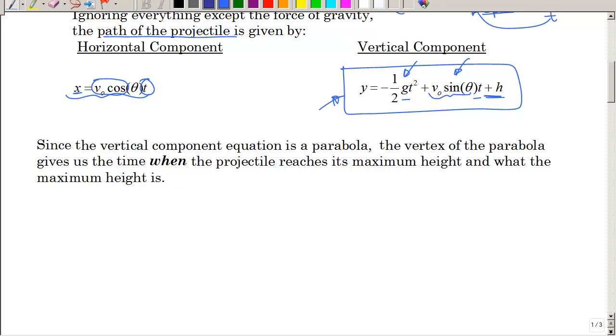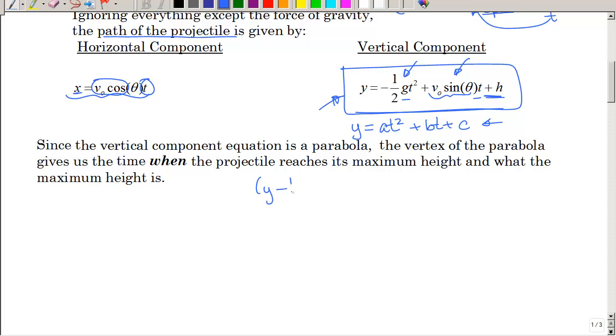I'd like to develop that equation. So if we rewrite this in terms of something a little bit easier, like a quadratic equation, saying a t squared plus b t plus c. I'm going to use the t's since that's our variable. How could we put that in a format where we could find the vertex?